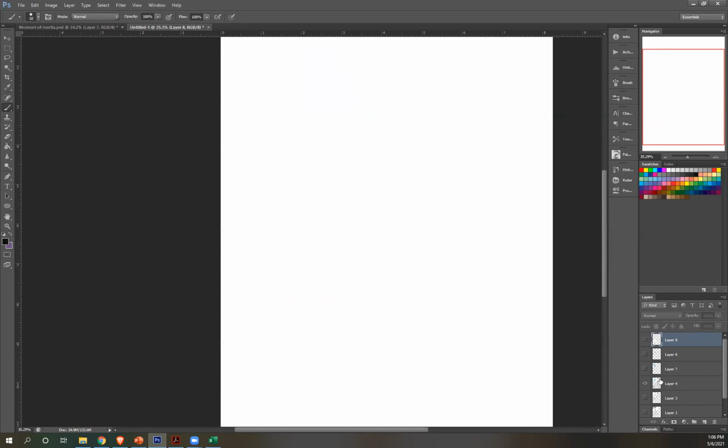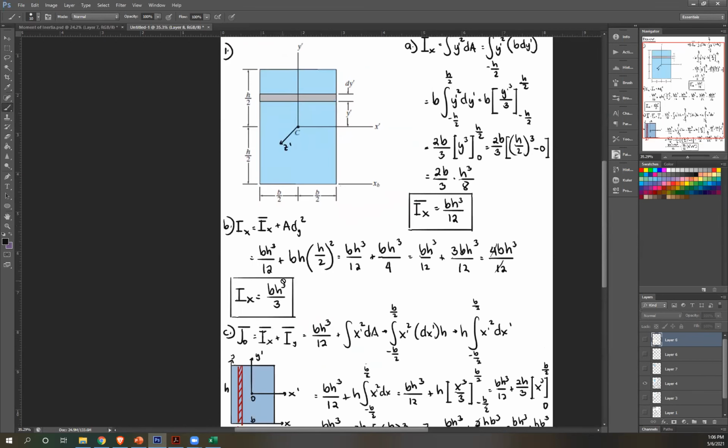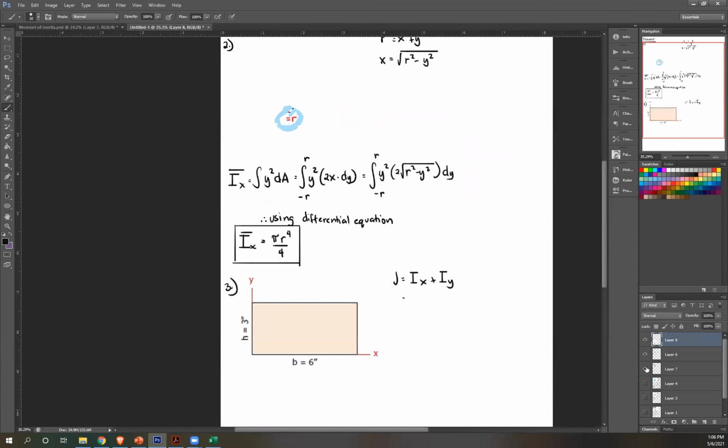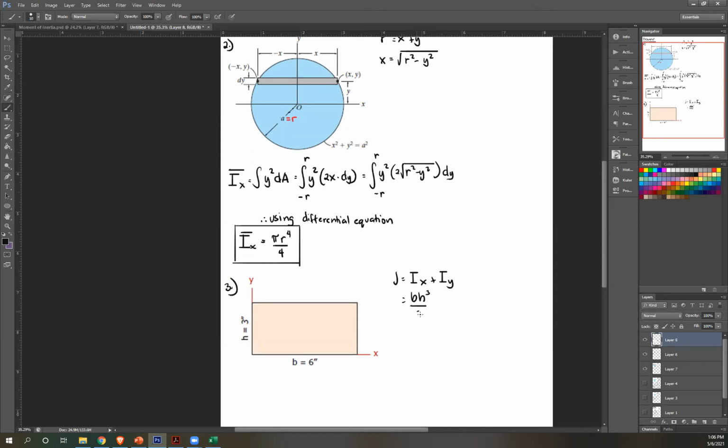Here. This is our moment of inertia about the base of our rectangle, right? It's bh cubed over 3. So Ix is bh cubed over 3.